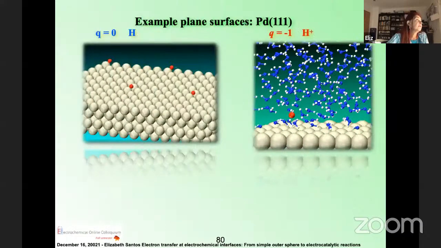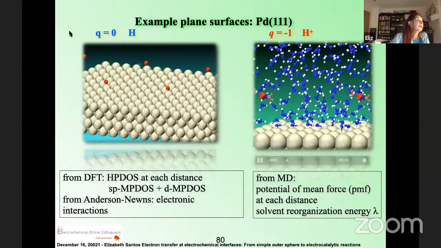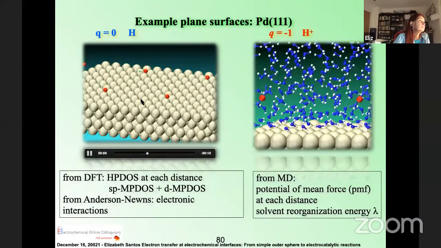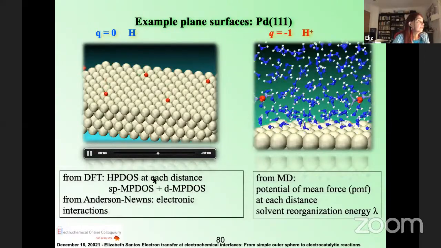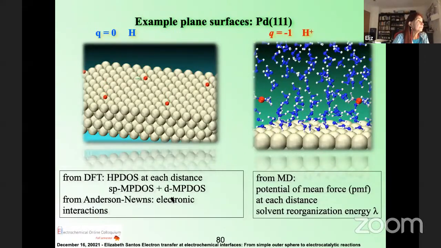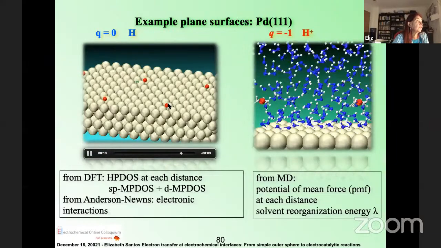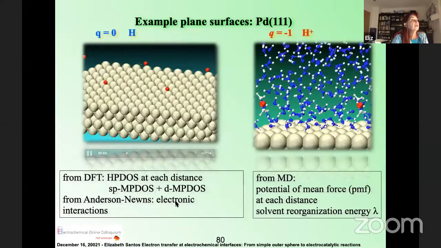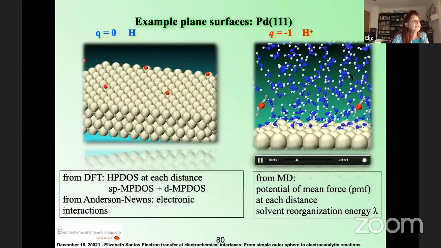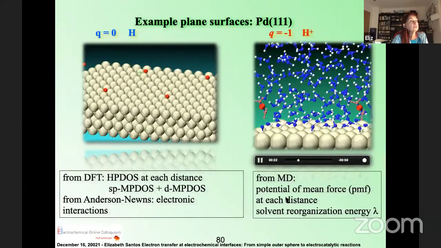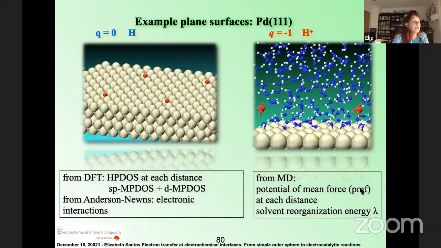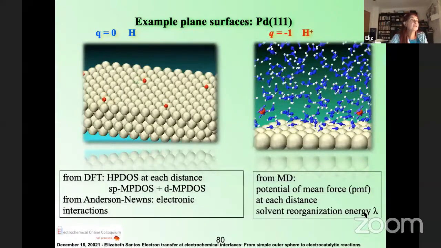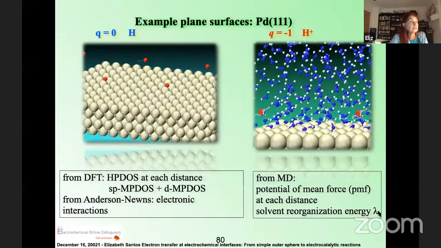For example, from DFT we approach the hydrogen and calculate the density of states. For Anderson-Newns, we fit for every distance the interactions with the electron. And in the case of the solvent, we do molecular dynamics and calculate the potential of mean force at each distance, and with that, the solvent reorganization energy.